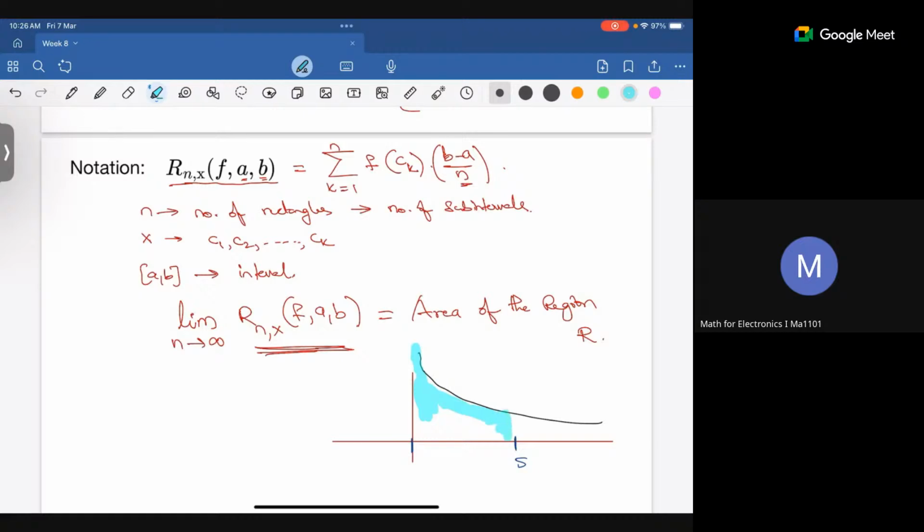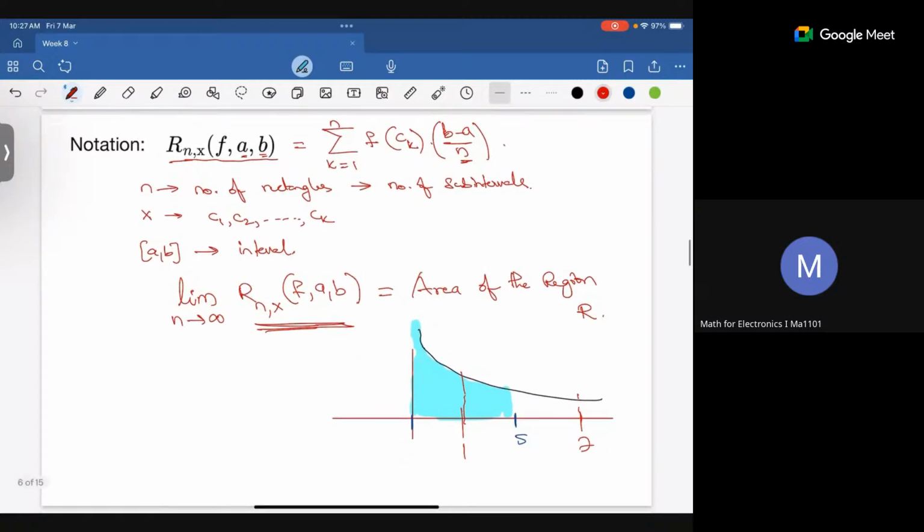So this is not bounded. So you'll get infinity. Whereas if you just shift the interval, and say you are interested in this interval, 1 to some 7, then you will get a bounded region, because 1 to 7 is a bounded region. You can get the area.